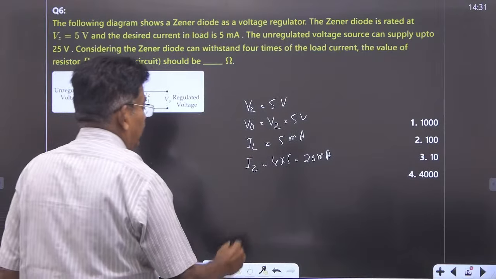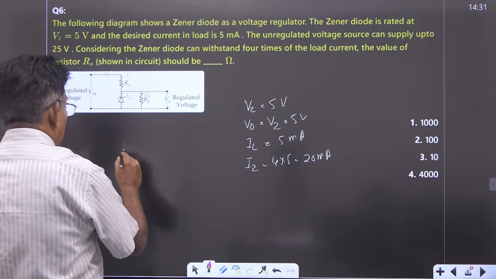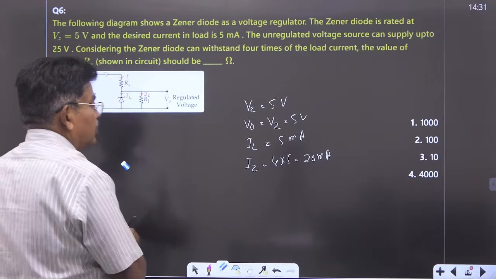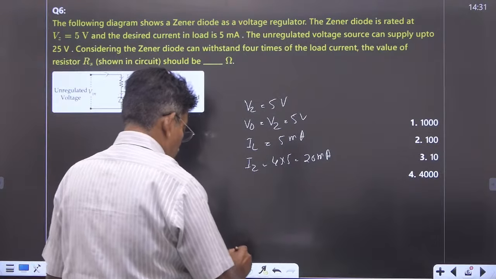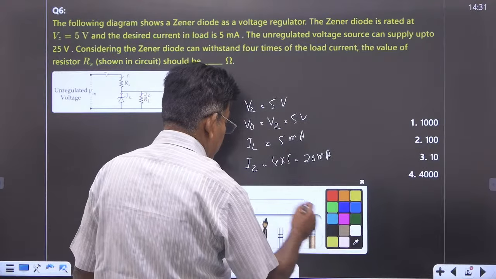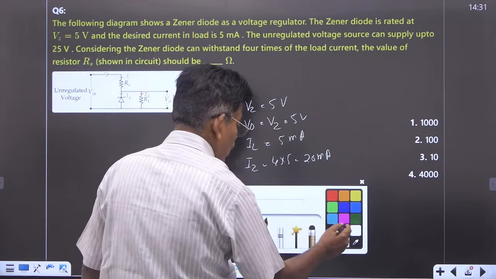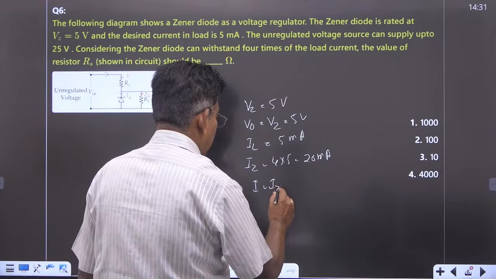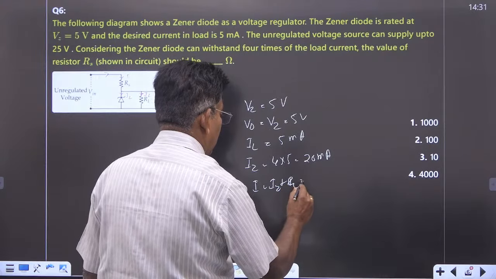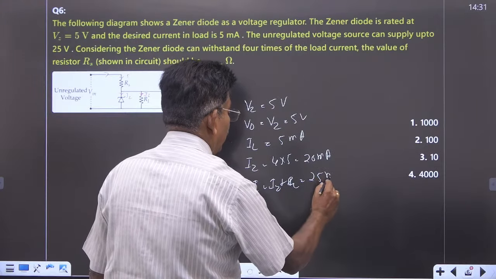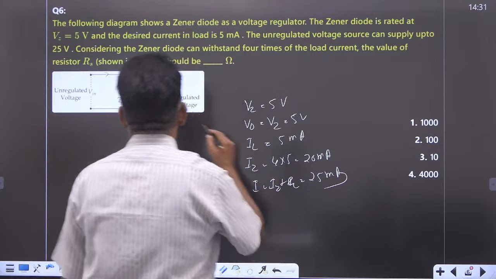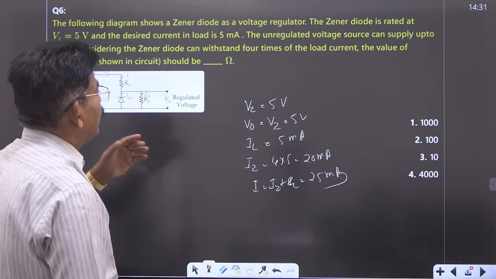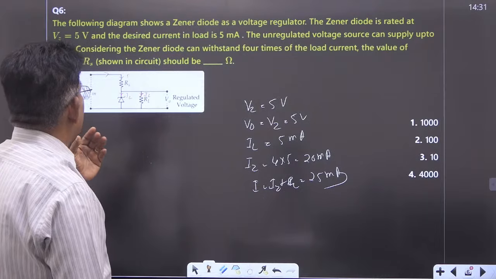So automatically I will be getting I is equal to IZ plus IL, that is 25 milliampere. That's the current through the resistor. Now we have to calculate the value of the resistor.